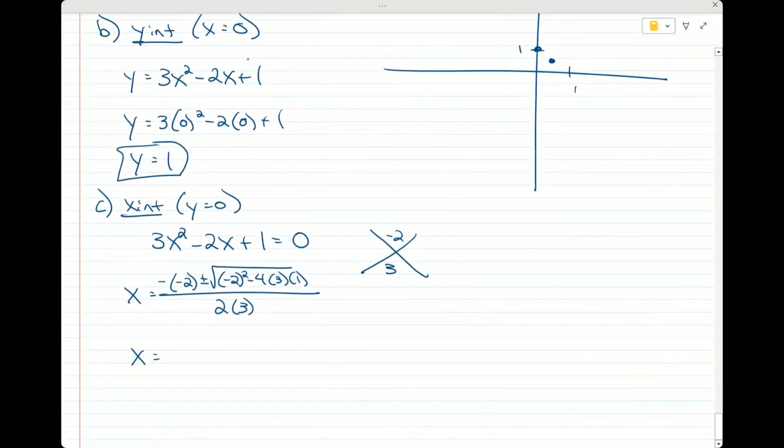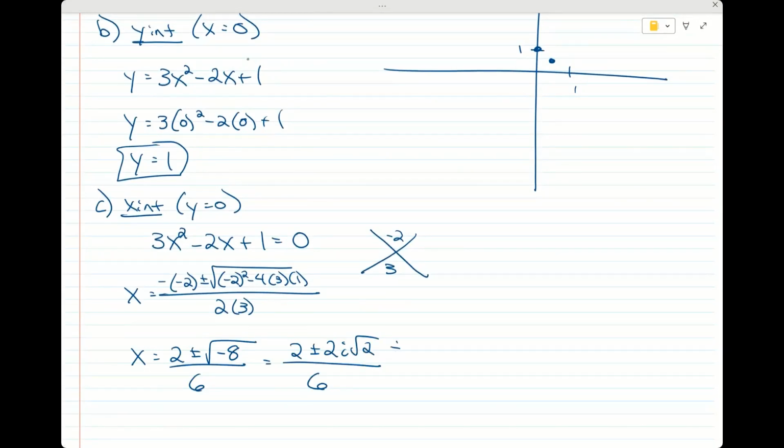Which is 2 plus or minus the square root of negative 2 squared minus 4 times 3 times 1, which is negative 8, all over 6. The square root of negative 8 is the same thing as the square root of 4 times the square root of 2, or just 2i root 2 over 6.